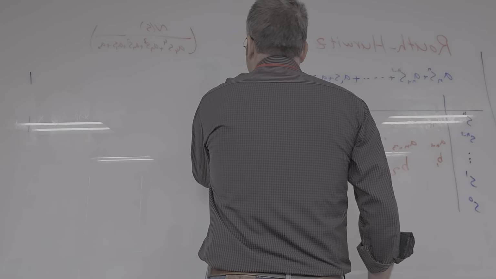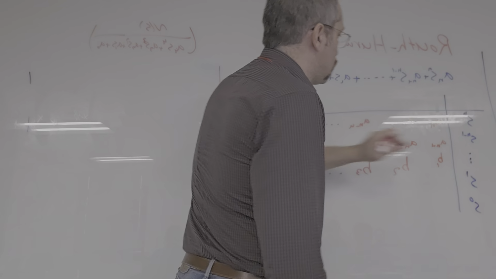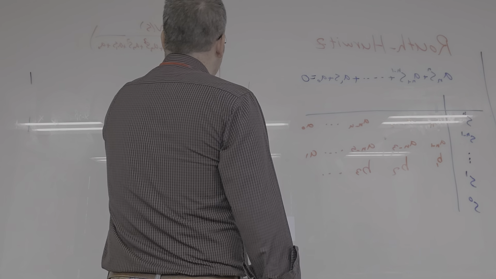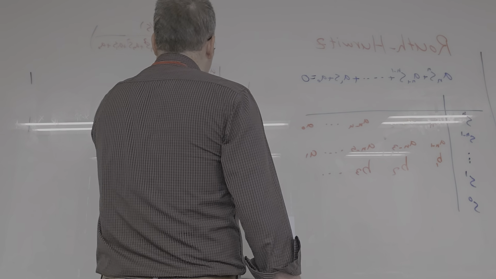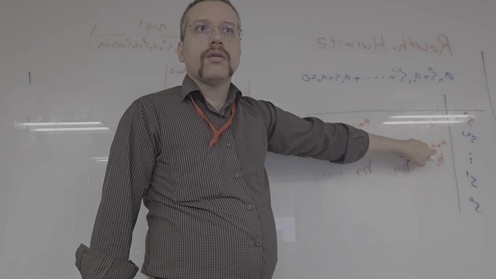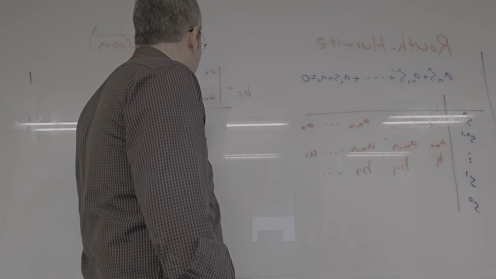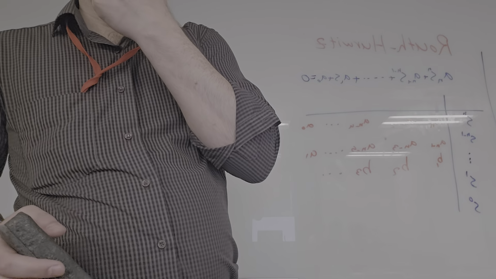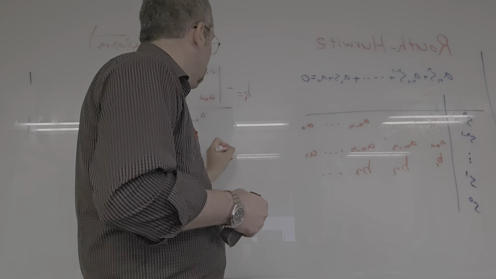And B1 is the minus determinant of these first two rows, A(n-2), A(n-1), A(n-3), divided by the number above B1, A(n-1). Are we good? Now, this is B1.